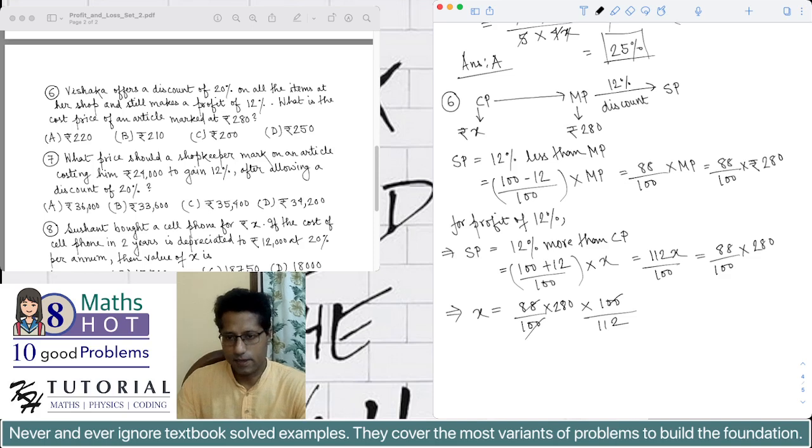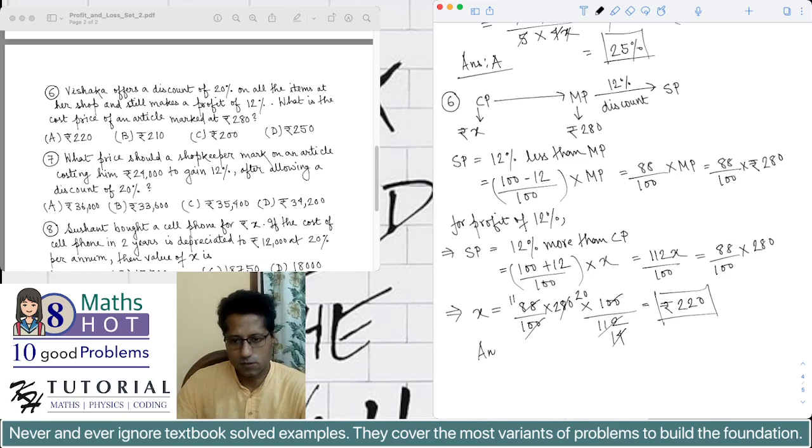Let's divide 88 by 8, it is 11. And 112 divided by 8 is 14. And 14 divides 280 with 20. So this is equal to rupees 220. So the cost price of the article is rupees 220, and hence the correct choice is A.